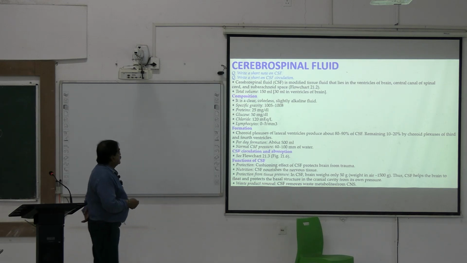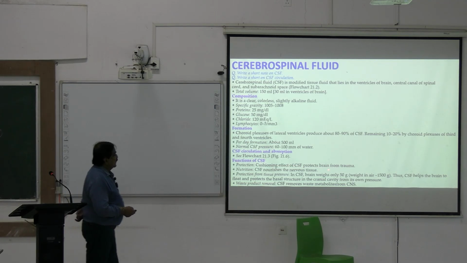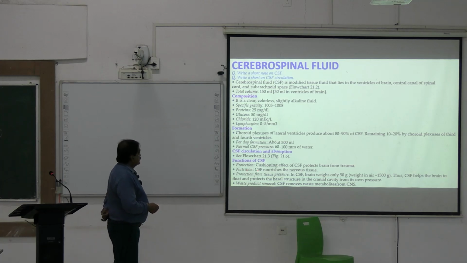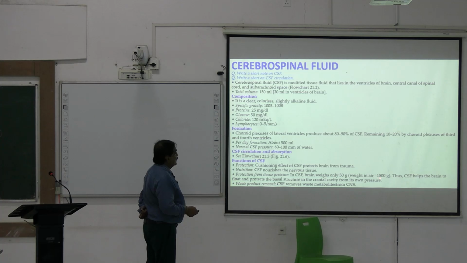Okay. Now, CSF circulation and absorption. Functions of CSF: protection, the cushioning effect of CSF protects the brain from trauma; nutrition, CSF nourishes the nervous tissue; protection from tissue pressure. In CSF, the brain weighs only 50 grams, while its weight in air is 1,500 grams.